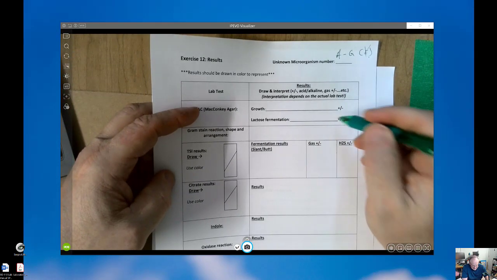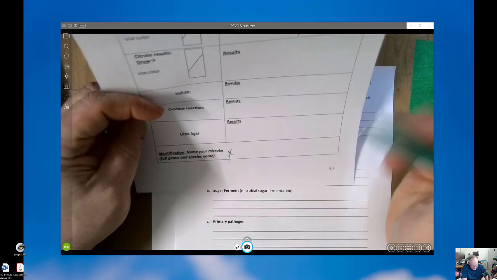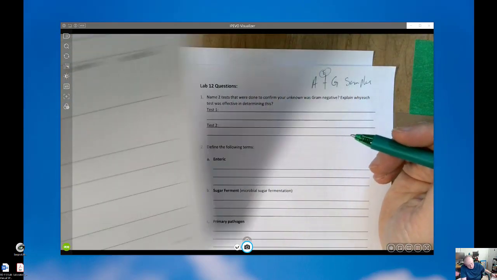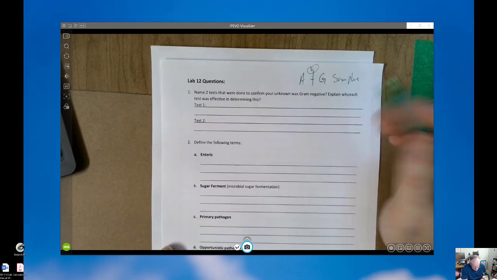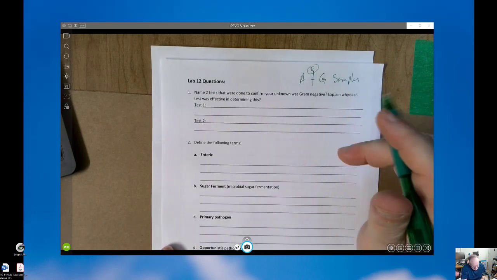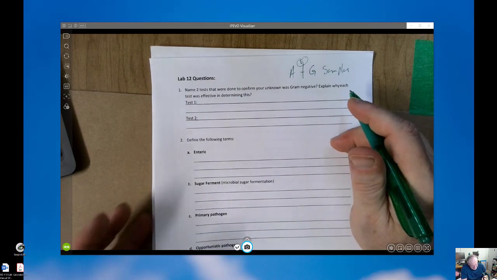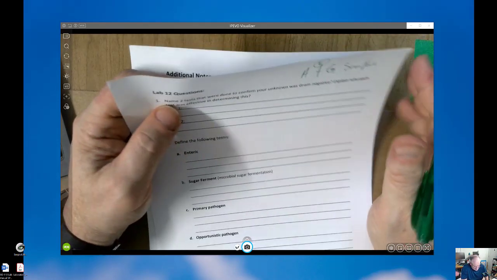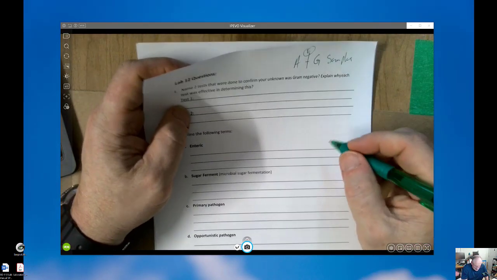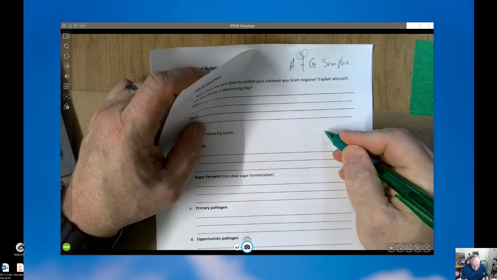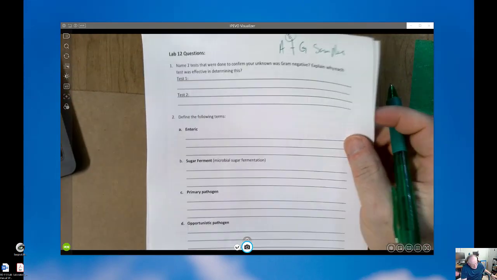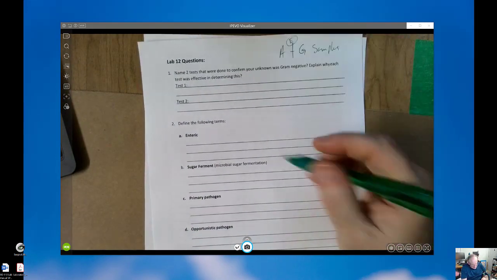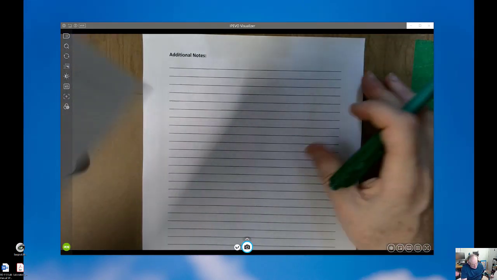So this will be one of the things that you can take a picture of and send to me, so I know that you had done that particular lab right. It is the add-on to this particular presentation. You'll see the interpretation of TSI is posted that way. So that's the lab. You can go through the terms and various things.